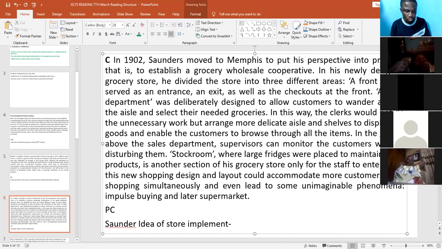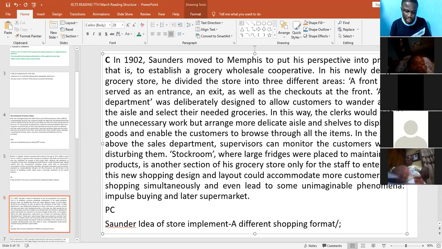Okay, so I can say he implemented a different shopping format or layout. So that's the whole thing that it was talking about.